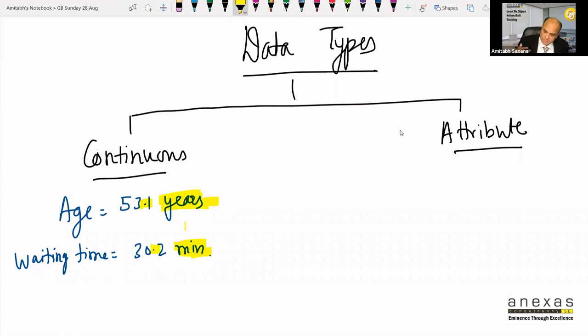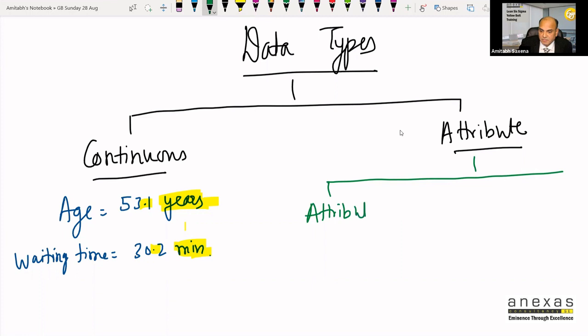Other examples could be, let's say, blood pressure. Can you give me some more examples of continuous data? Yeah, so length, days since last test, waiting time, weight, yes, you're right. Yeah, absolutely.